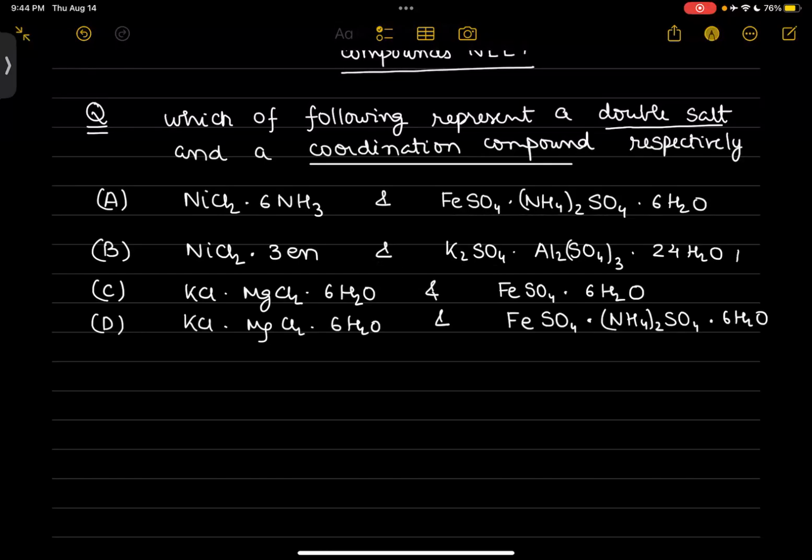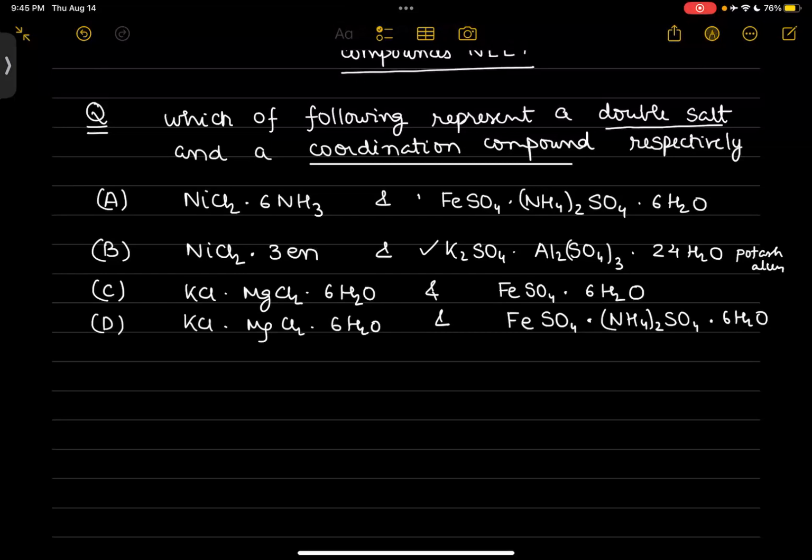This is potash alum, and it is used to purify water. It splits into potassium ion, aluminum ion, sulfate ion, all get separated. This is a double salt.